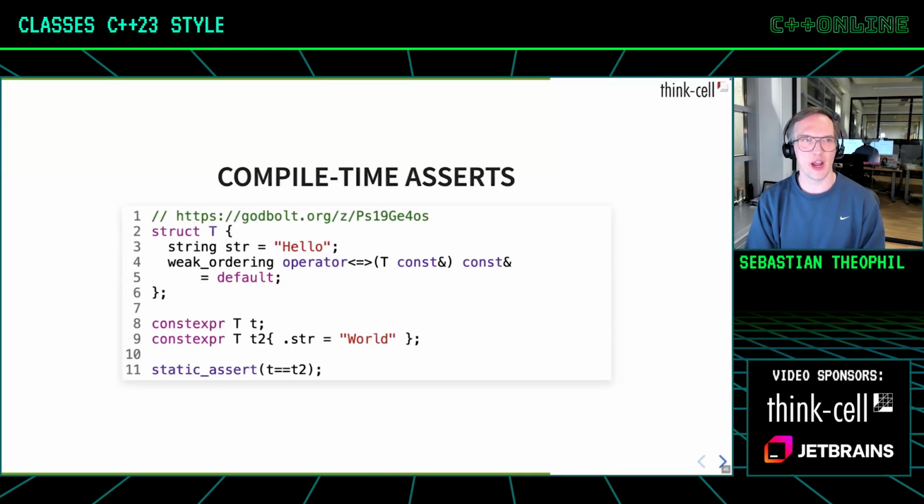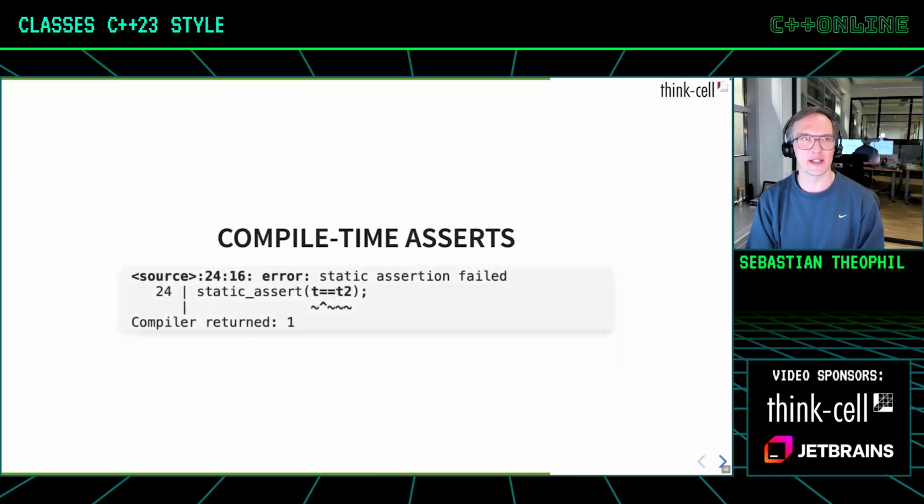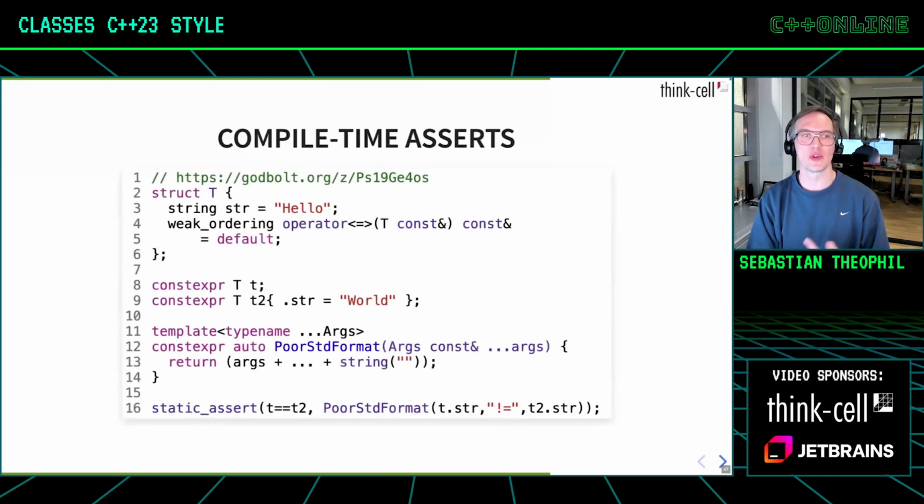Well, that's really not so practical, because then this creates error messages that are not so useful. I would have liked to know maybe what T and T2 actually had as values. And now in C++23, I think, you can have error messages in static asserts that you've also calculated at compile time.